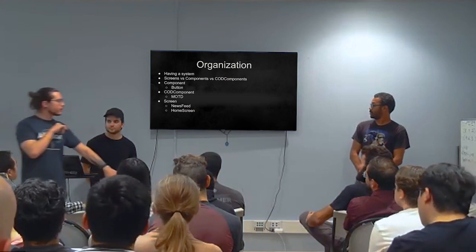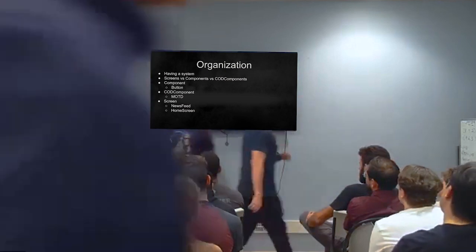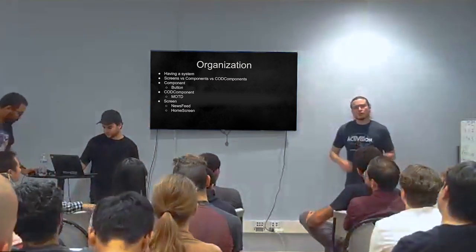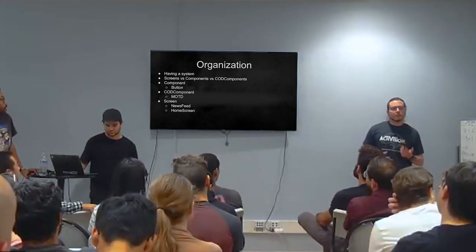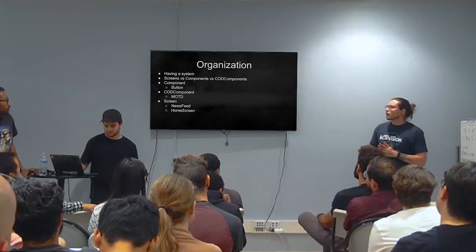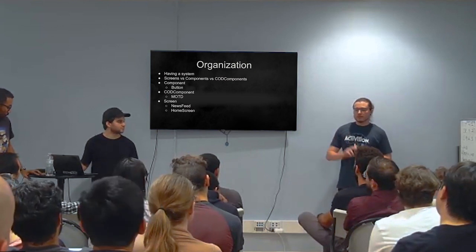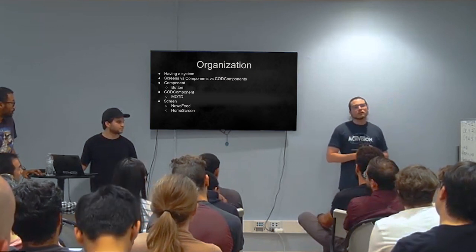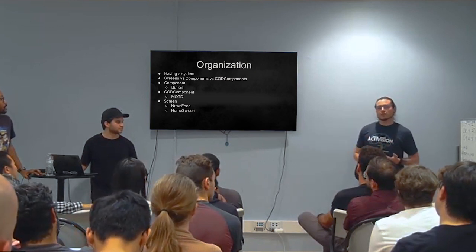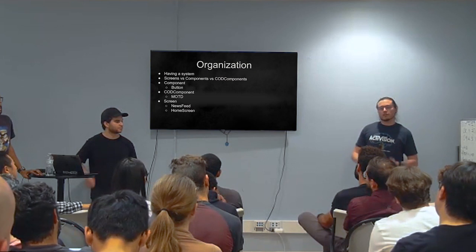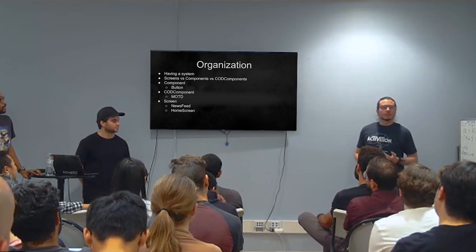If you want to switch back. Yeah. So we've covered two of the meatier topics, going into details about things we changed in the app so far: navigation and performance. Another thing that we can talk about a little bit more that we focused on in the migration is organization.